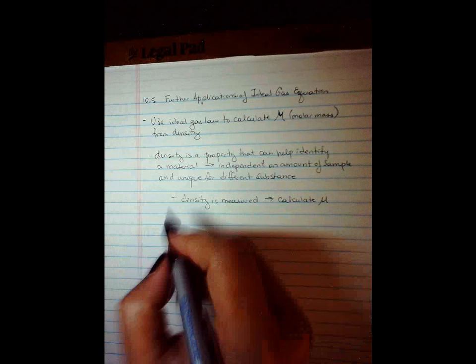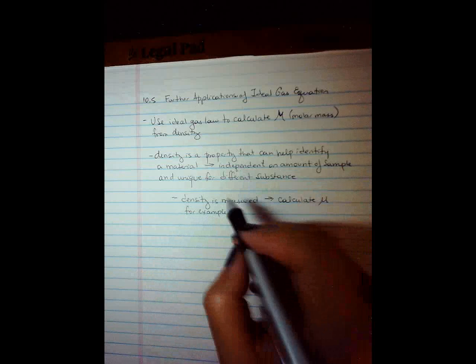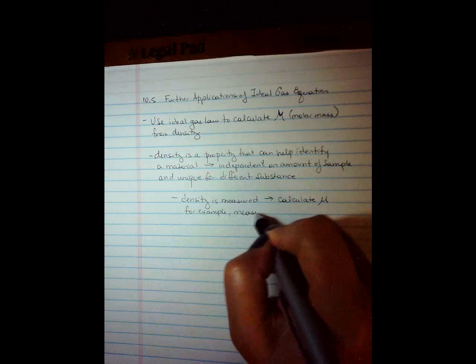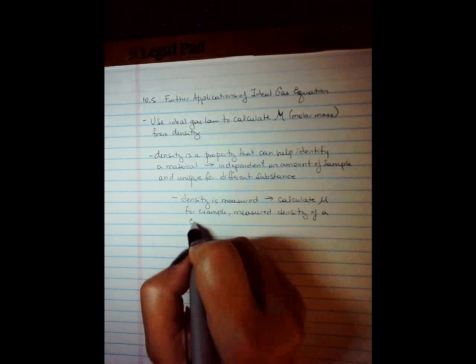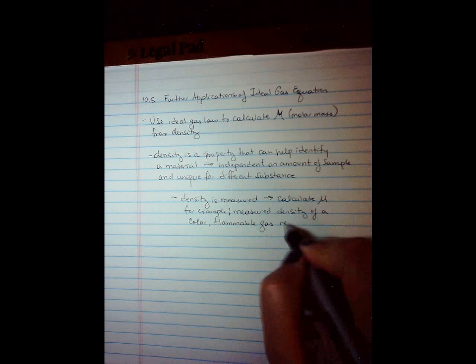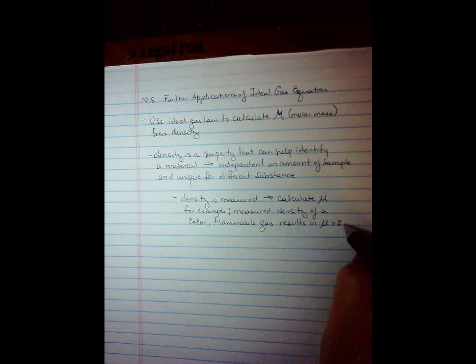So say, for example, I measure the density of a colorless gas. Let's make this a flammable gas while we're at it. And I use that density to calculate its molar mass. And that molar mass calculates out to 2 grams per mole.